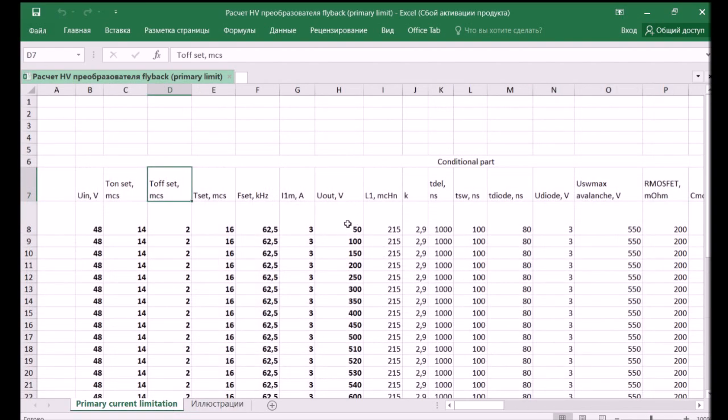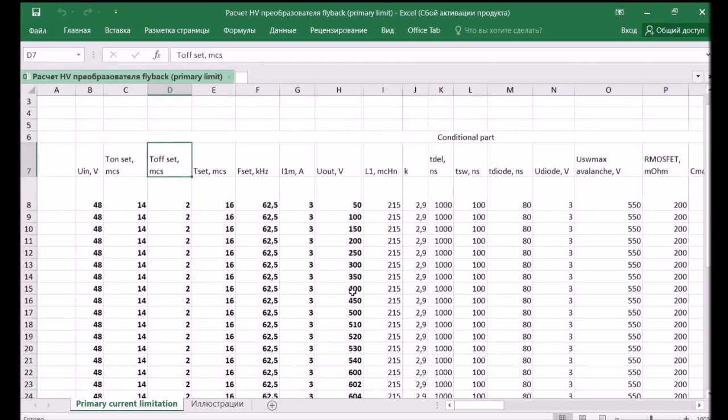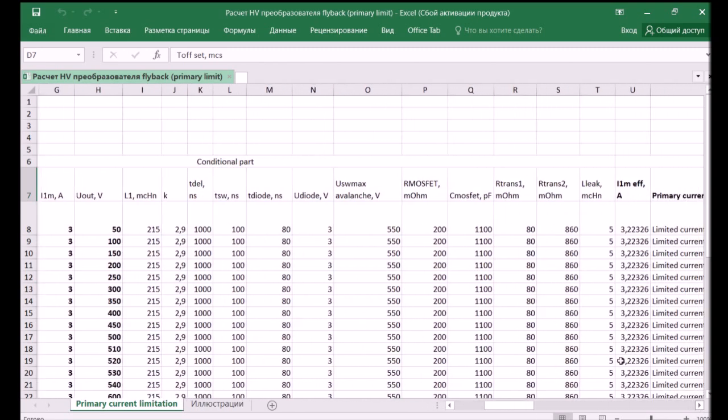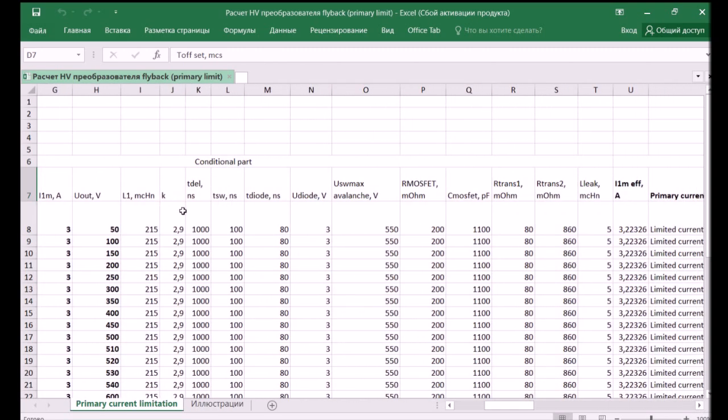Output voltage, you can see that it is changing constantly. Inductance of the primary winding of the transformer. Transformation coefficient. Here it is all the way 2.9, as you can see, because it is related to the specific transformer I was studying at that moment.